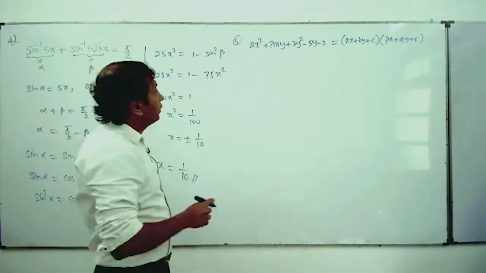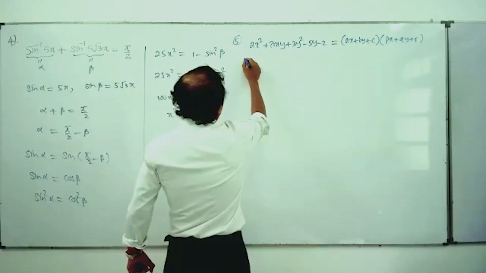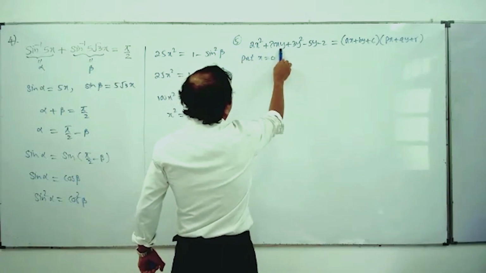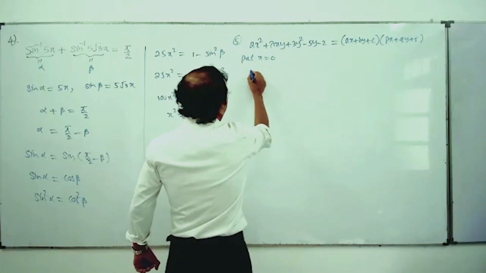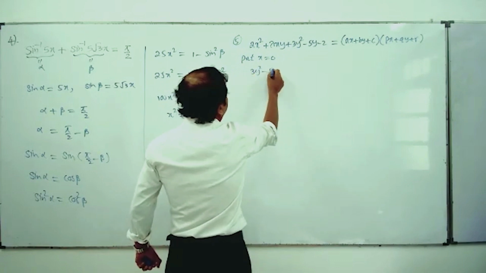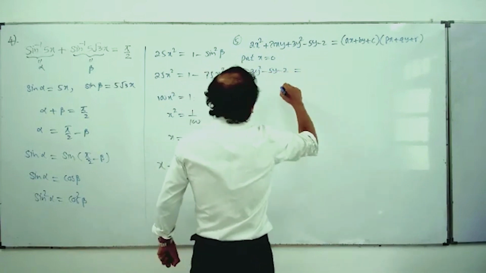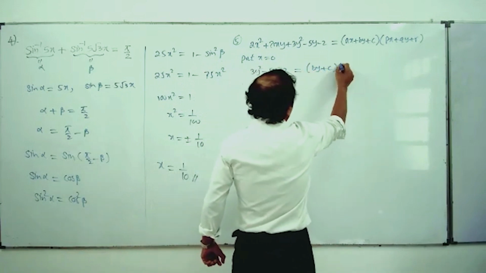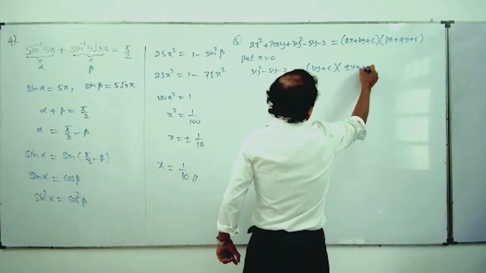We can find first by putting x equals 0 on both sides. Then this is 0, and this is 3y squared minus 5y minus 2 equals (by plus c)(qy plus r).